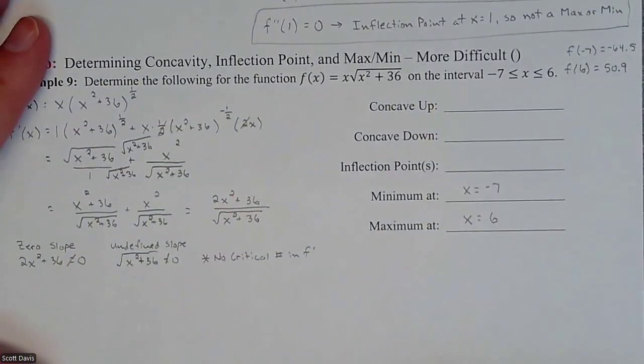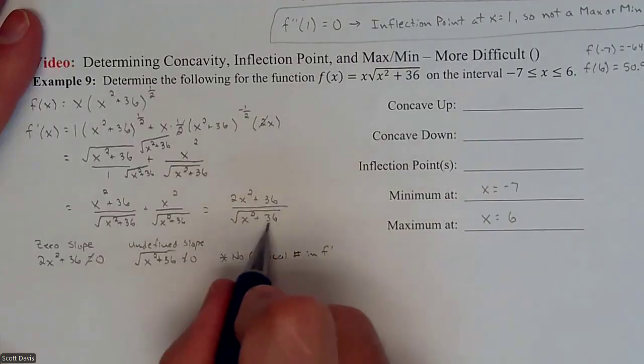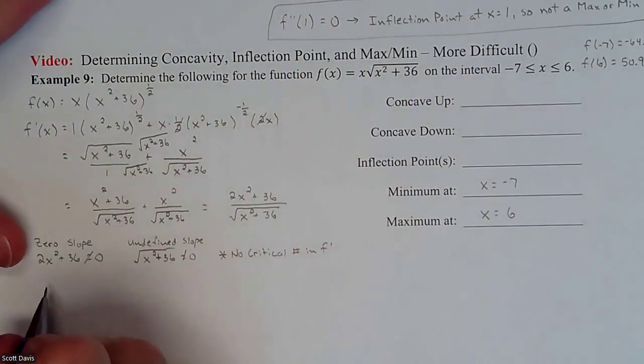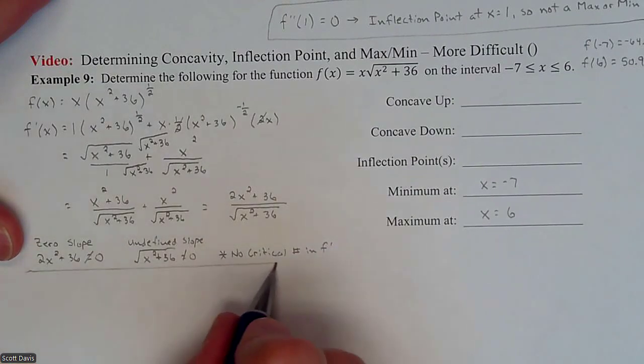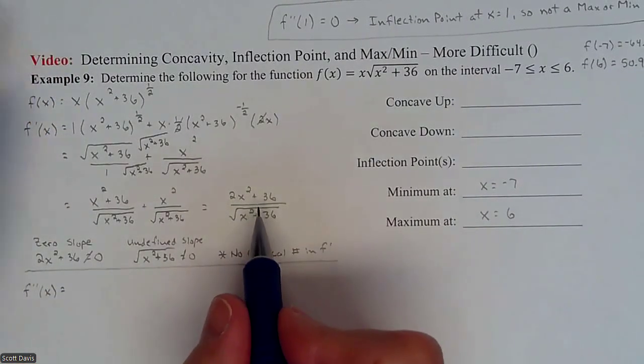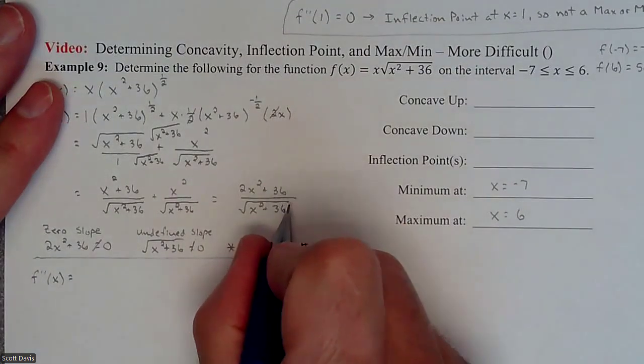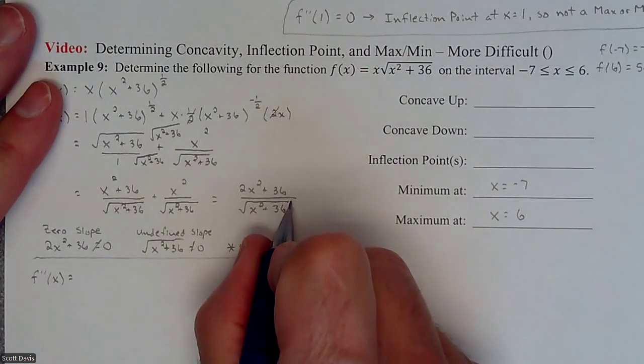All right. Now the concavity part, which is the second derivative, which is us doing the derivative of this. So first derivative stuff, second derivative stuff. So we have a quotient rule. We also may want to think of this as a 1/2 power.